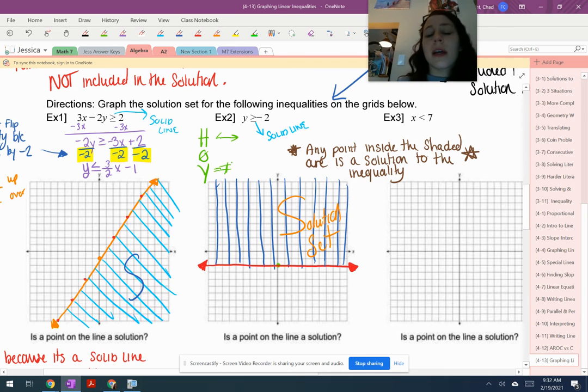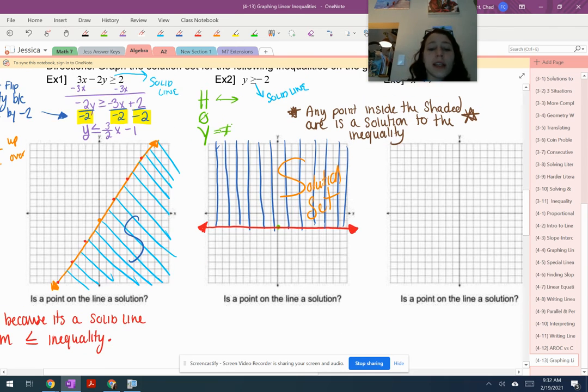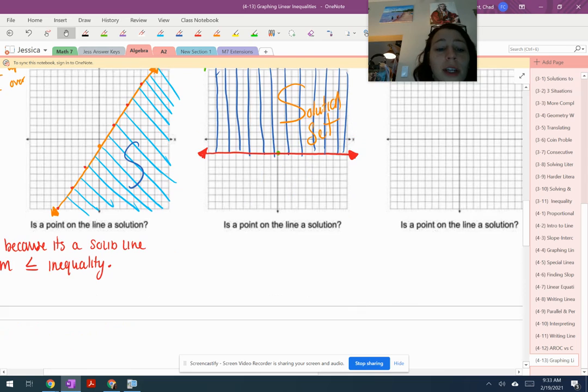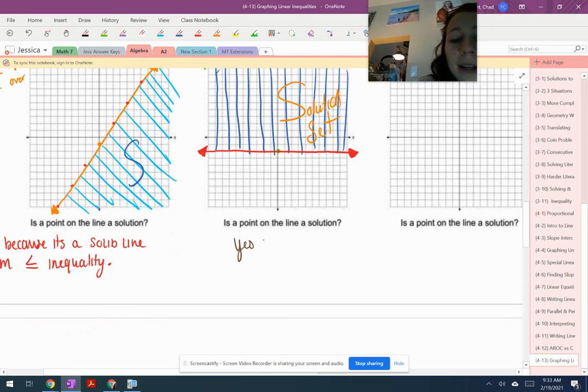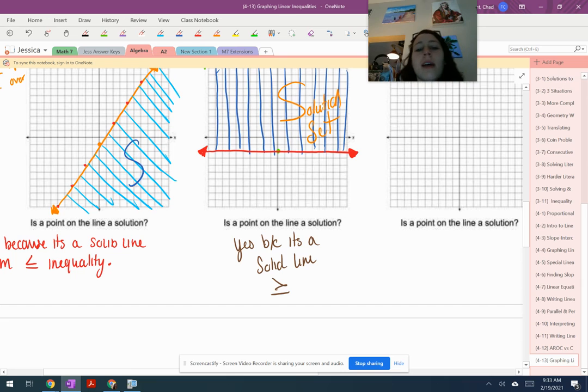Boom. And last but not least, is a point on the line a solution? Yes, again, because it's a solid line. The inequality was greater than or equal to.